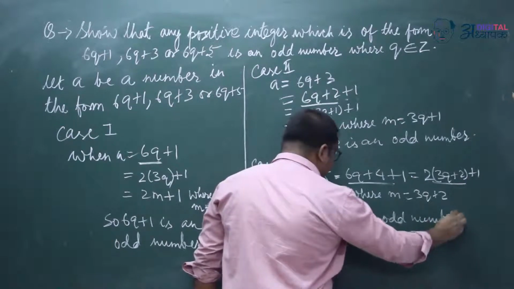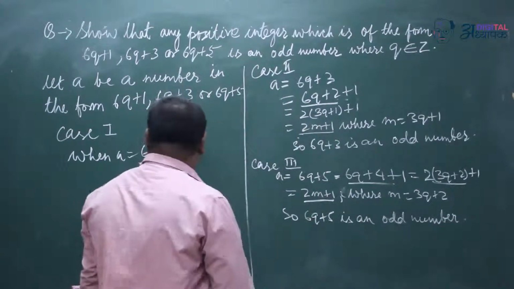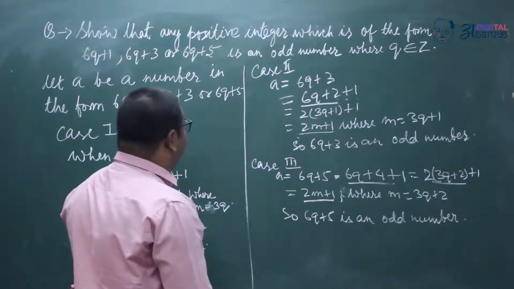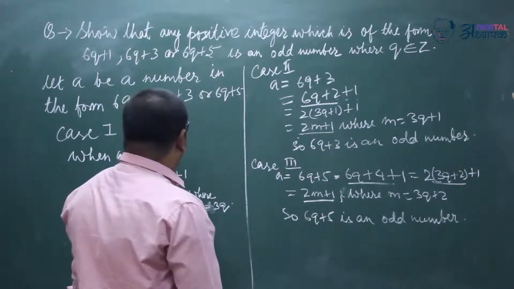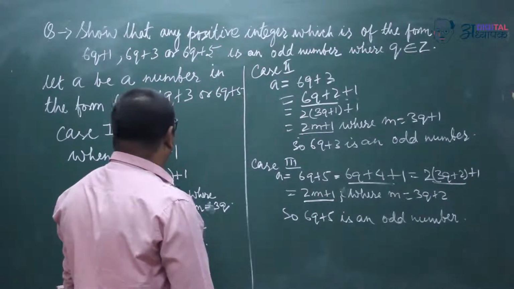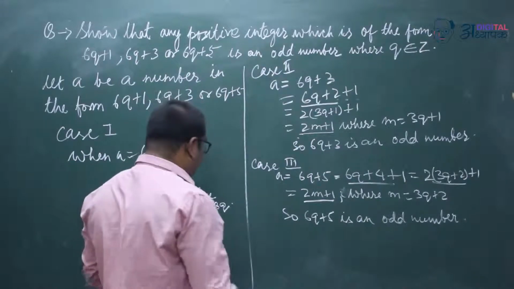Now our statement, the question was, show that any positive integer in the form 6q plus 1, 6q plus 3 or 6q plus 5 is an odd number. So we can write the same statement here.